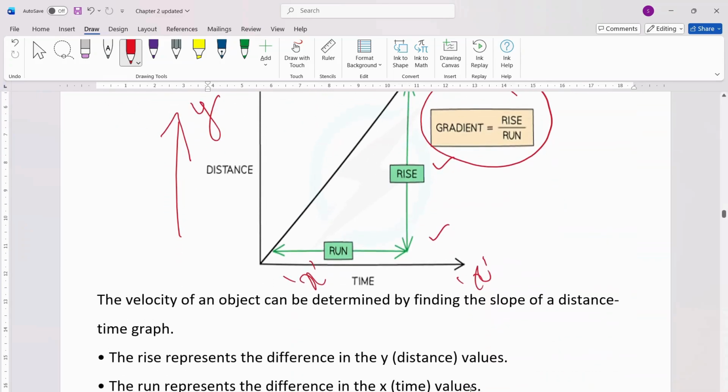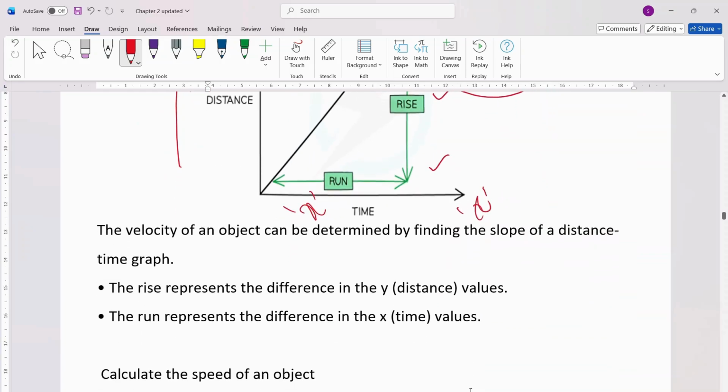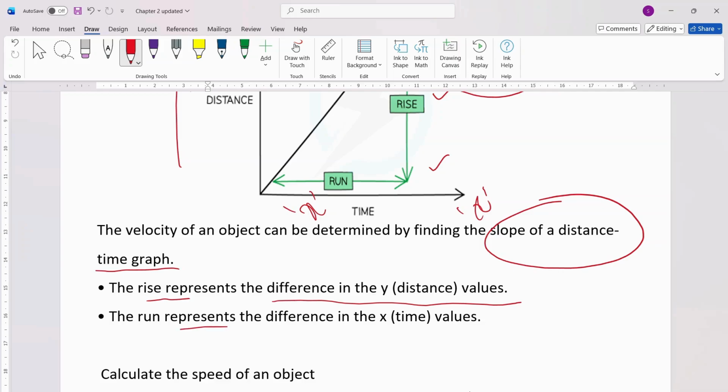The velocity of an object can be determined by finding the slope of a distance time graph. Slope is equal to change in y over change in x. The rise represents the difference in y and the run represents the difference in x.